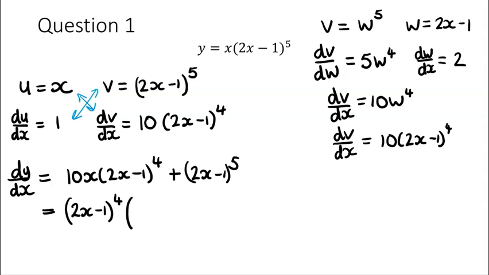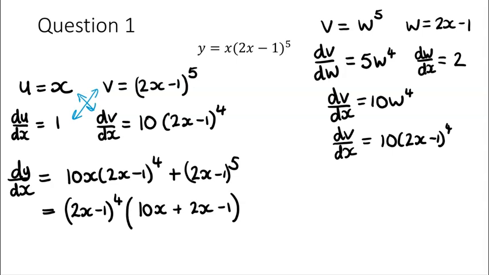So then I just look at both of my terms and think, well, what have I multiplied (2x minus 1) to the power of 4 by? Well, in the first case, that's just going to be 10x there. And then if I look at the second term, well, I've got (2x minus 1) to the power of 4 on the outside.